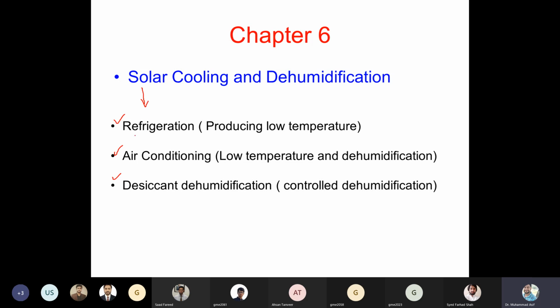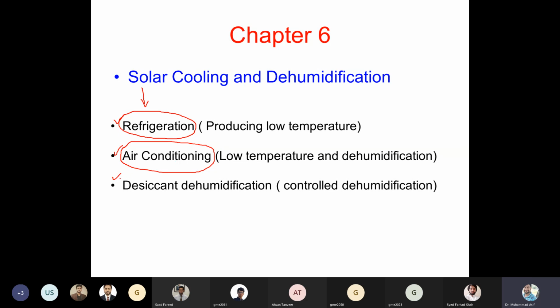When we say refrigeration, that means to produce low temperature only, right? When we say air conditioning, that means low temperature and dehumidification, because there is a difference between refrigeration and air conditioning. Refrigeration means only to produce low temperature, whereas in the case of air conditioning, along with producing the low temperature, we have to maintain the humidity as well, right?